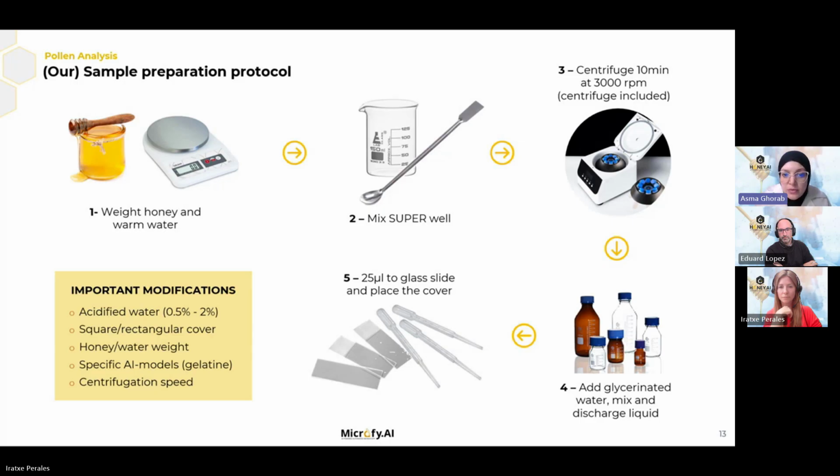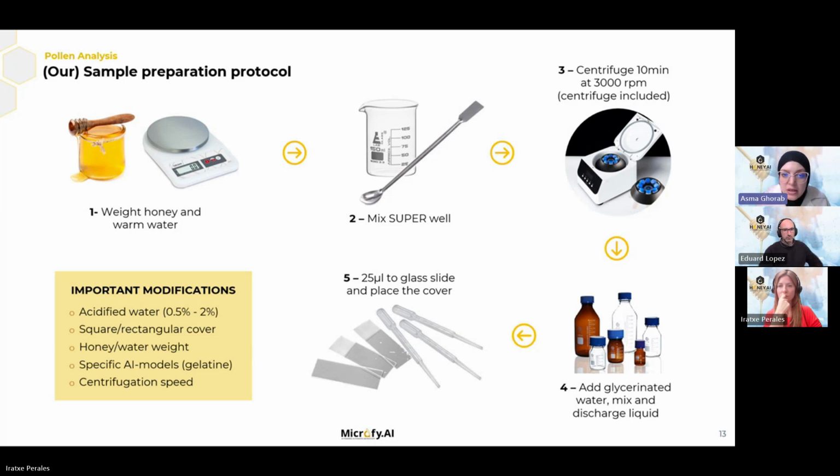But since some of our collaborators and clients do that, we have created a specific data set and model based on fixed samples. This is a very good option for those who fix the sample. And finally, you have to keep in mind that in some cases, depending on the type of honey or the type of pollen, we reduce the centrifugation speed.